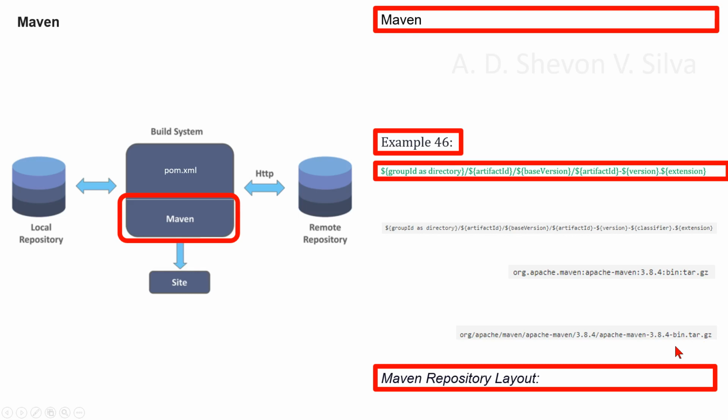Important note in this case: in case of locally installed artifacts, those you built locally and invoked Maven install, will use artifact base version property instead of version.